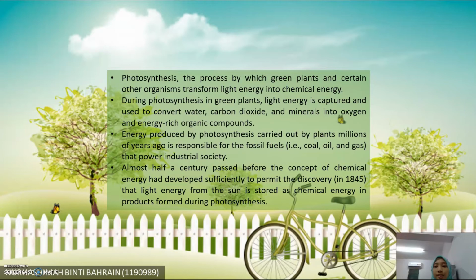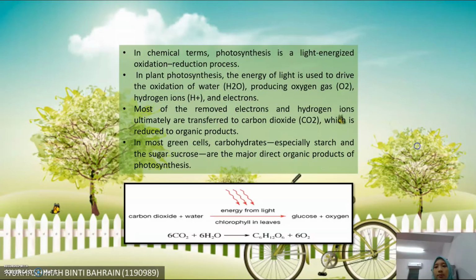Almost half a century passed before the concept of chemical energy had developed sufficiently to permit the discovery, in 1845, that light energy from the sun is stored as chemical energy in products formed during photosynthesis. In chemical terms, photosynthesis is a light-energized oxidation-reduction process, which is redox.